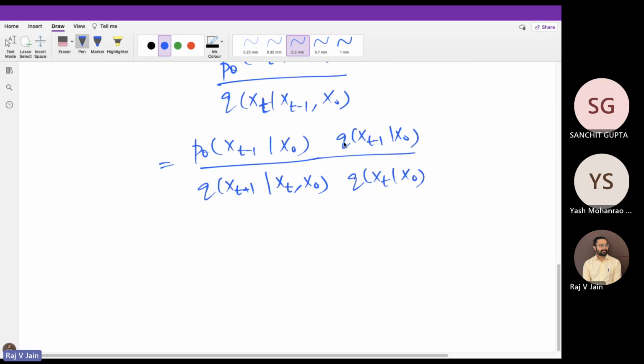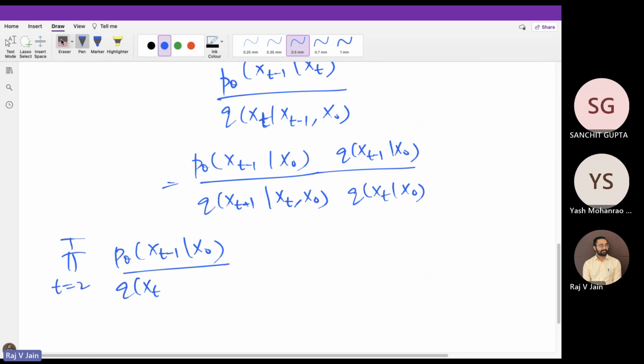So now we can look at this product, p theta of xt minus 1 given x0, into this product, the second one.